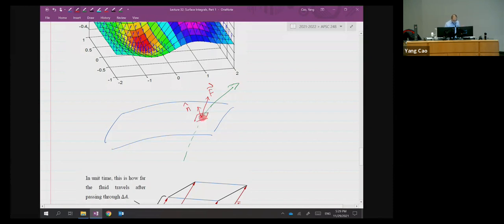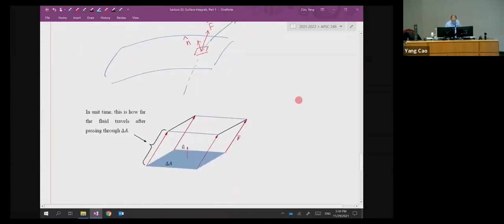Okay. So now, in a unit amount of time, you got an amount of something passing through that small patch, and you're creating this parallelogram. So the question is calculating the flux, right? How much is passing through this delta A in unit amount of time?